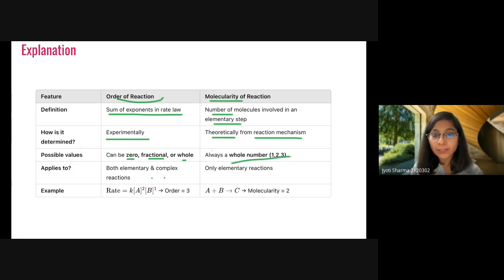Then order can apply to both elementary and complex reactions, and molecularity will be only for the elementary reaction. And here is the example. So this is how from the graph only we can calculate the order of the reaction. So I think this is clear.